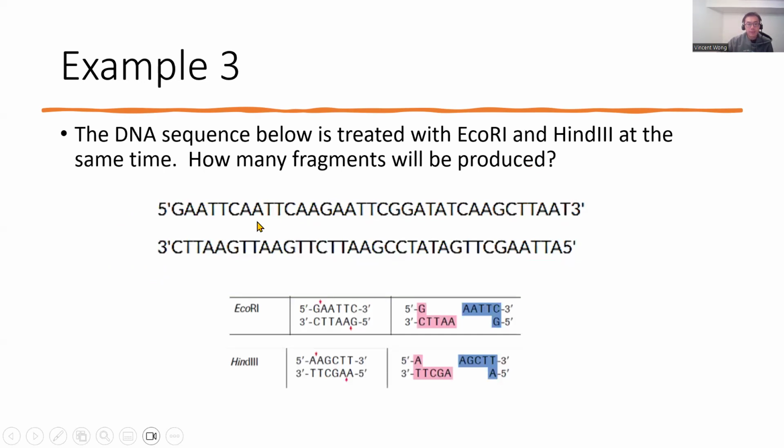Okay, last one here. We have EcoRI and we have HindIII. So we have the sequence here. This is the whole DNA strand, like one strand, and we're going to treat it with EcoRI and HindIII. How many fragments will be produced? I'm going to give you a moment to figure that out.